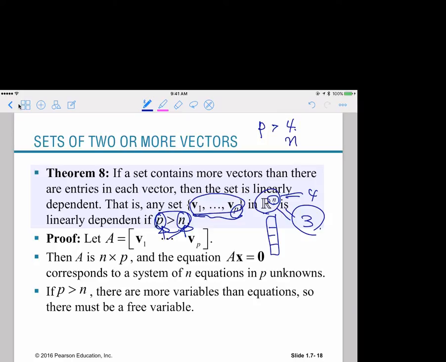When adding the fourth vector, regardless of what it is, it can always be represented as a linear combination of these 3, because the span of 3 vectors covers up the entire space.